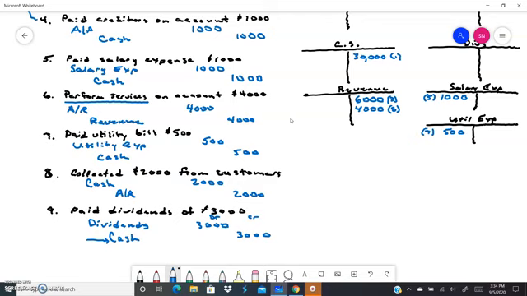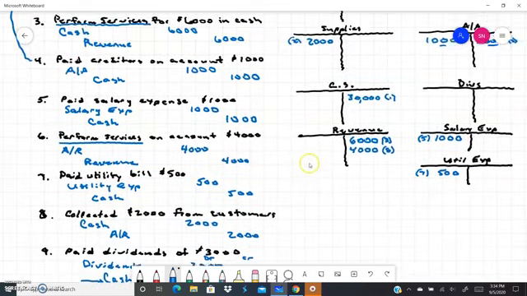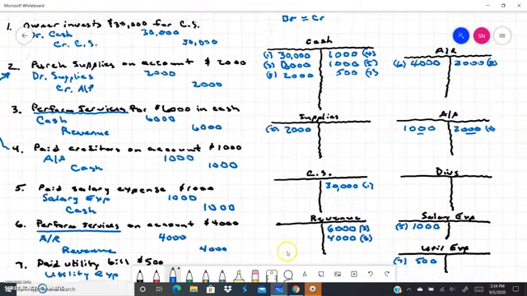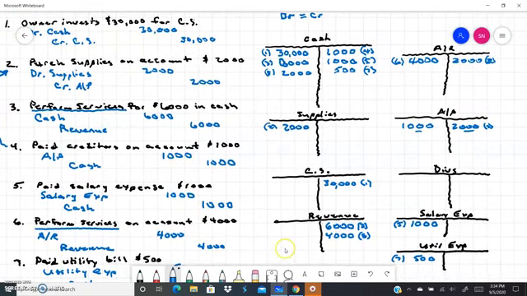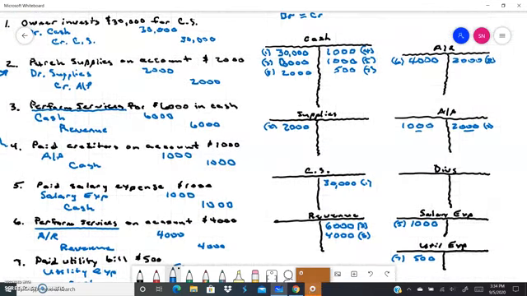Okay? So let's go ahead and post that into our general ledger accounts. So cash is going to decrease by $3,000, and that's from number 9. And dividends, of course, is a debit of $3,000.